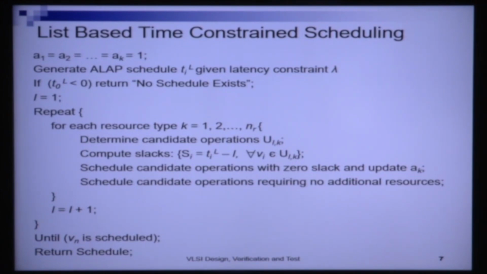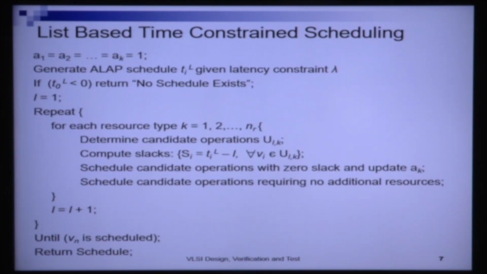Similarly, we determine the candidate operations, which means the ready operations that are available at this time step, and then for each of these unscheduled and ready operations at this time step, we calculate Si. What does Si give me? Si gives me the slack, that is TiL minus l. This is the slack at this point in time.